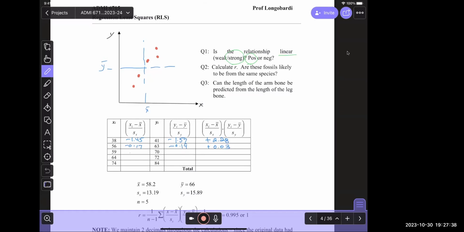Okay. The next pair, so this is 0.06, and then the other, I have 0.25. This one's the little oddball one that veers off. So when you multiply them, you still get a positive, they go in the same direction.